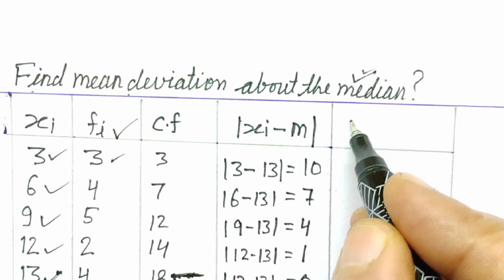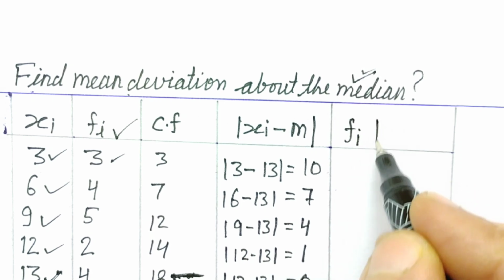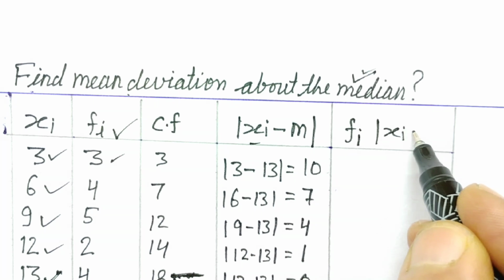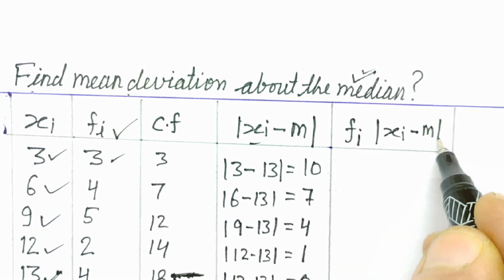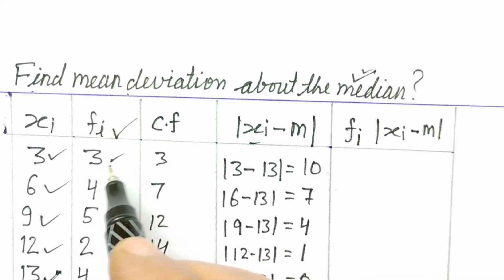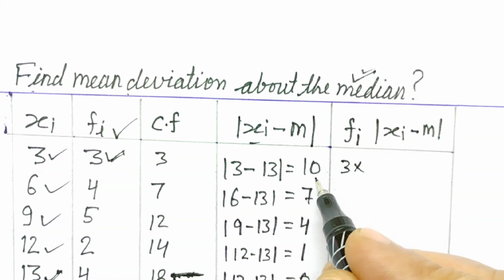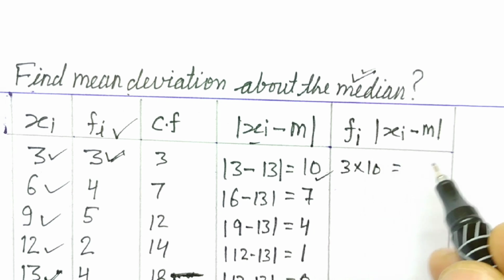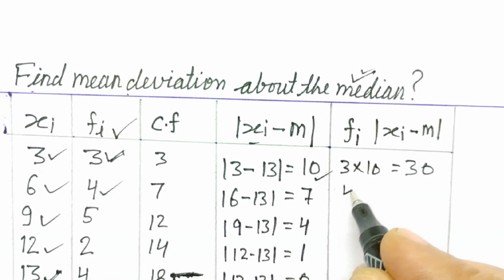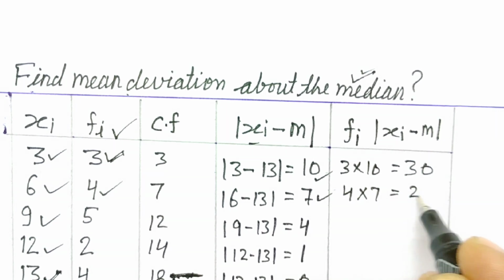Now we take fi into this mod of xi minus m. So here we take fi 3 into 10 is equal to 30, then 4 into 7 is equal to 28.